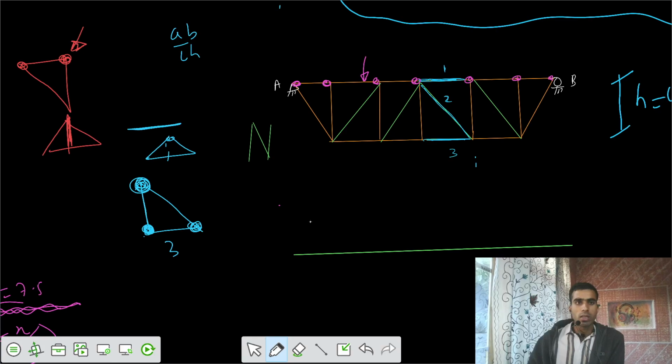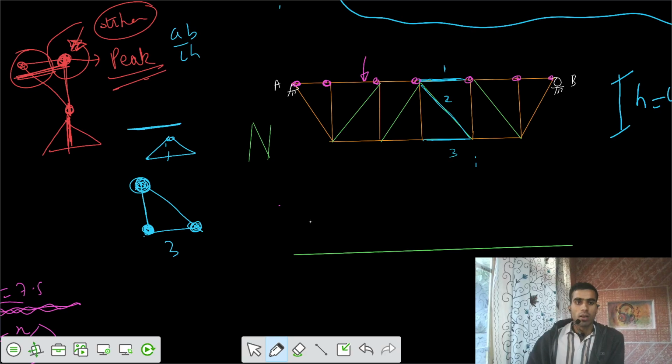But because we have one of the joints in the same line, peak could have been developed at this point. Otherwise, you have to check those two different loading joints and check the values there. But if you talk about this one, because the loading is only applied at this joint, definitely the peak gets developed at this joint only.